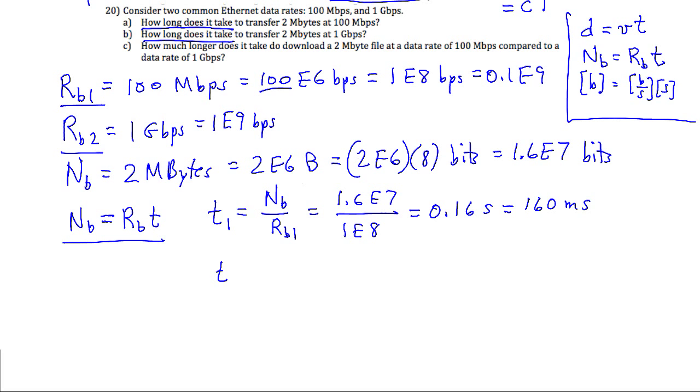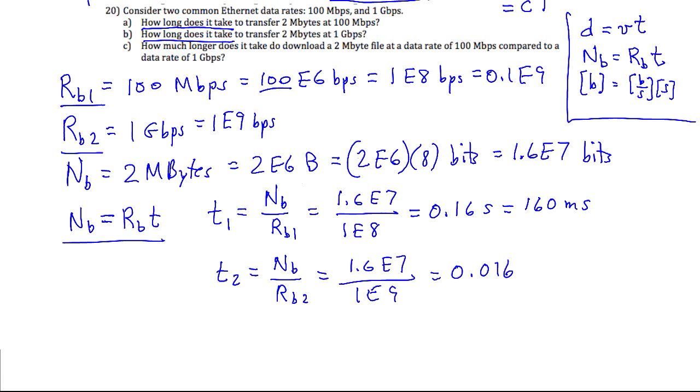Okay. Similarly, T2 is NB over RB2, and this is 1.6 times 10 to the 7th divided by 1e to the 9th. 10 to the 7th divided by 10 to the 9th is 10 to the minus 2, and so it's 0.016 seconds, or 16 milliseconds.